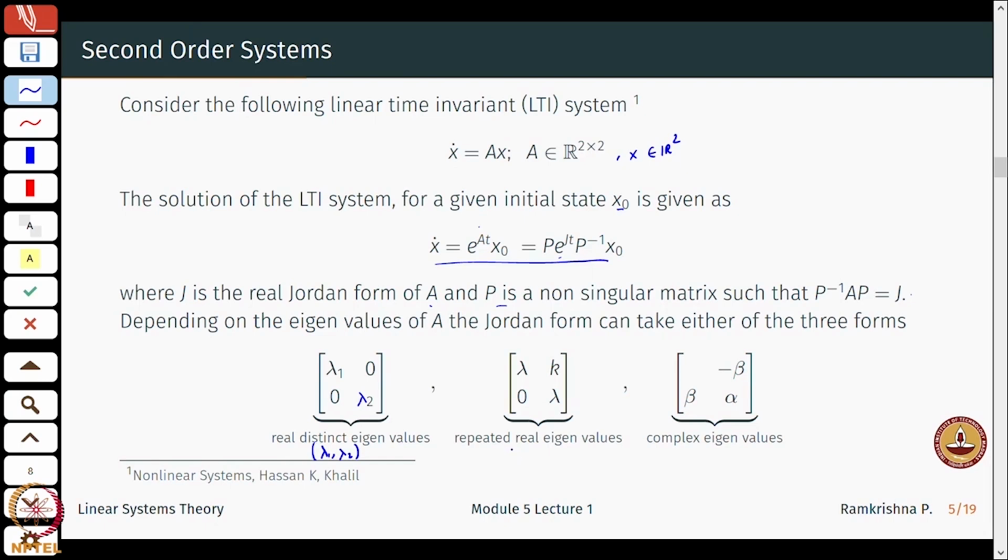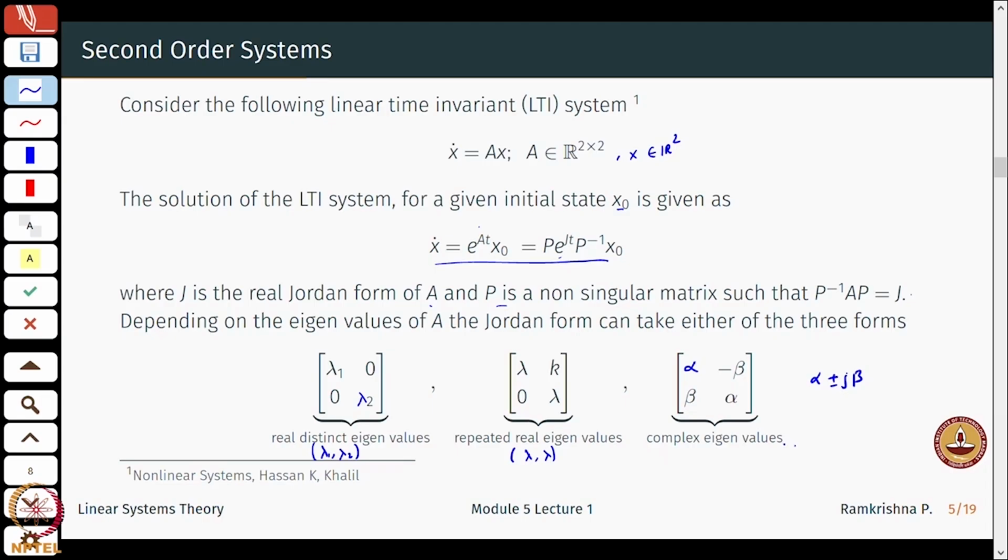In case the eigenvalues are repeated, like lambda and lambda are my eigenvalues, then the Jordan form can be something like this, where k can either be 0 or 1 depending on the geometric multiplicity of the eigenvalues. The third is when I have complex eigenvalues, alpha plus minus j beta. Okay, there is an alpha missing here. So, we will have in this case complex eigenvalues.